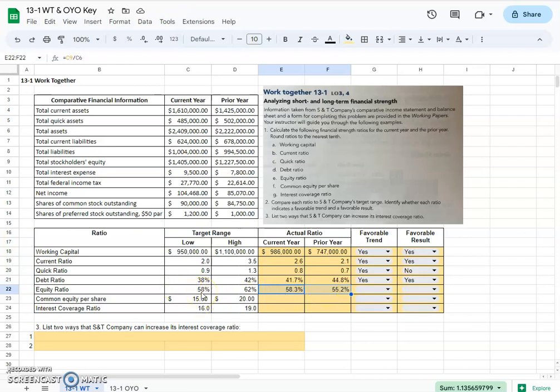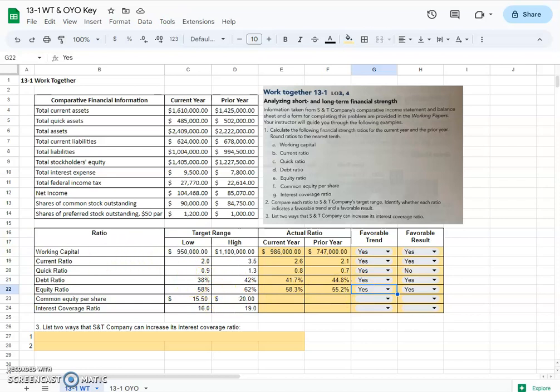You want to be between 58 and 62. We are just barely, so that is a favorable result. The prior year was 55 and we brought it up to 58, so it's a favorable trend because we went in the right direction, towards the middle of this range.